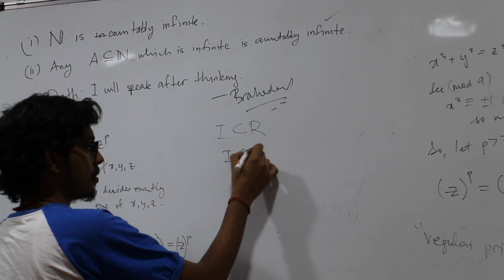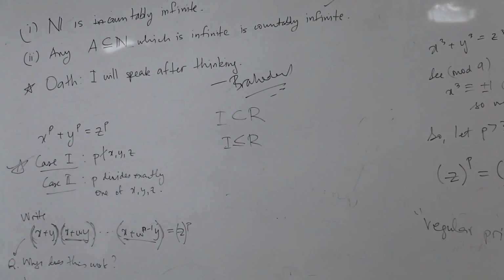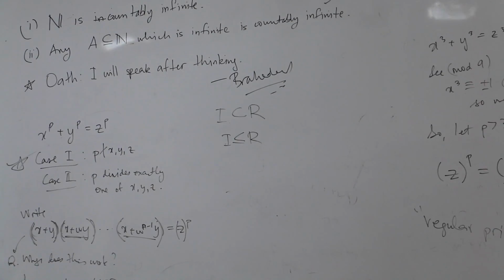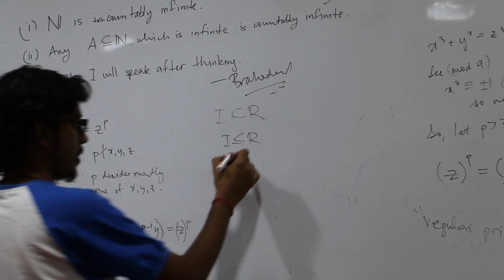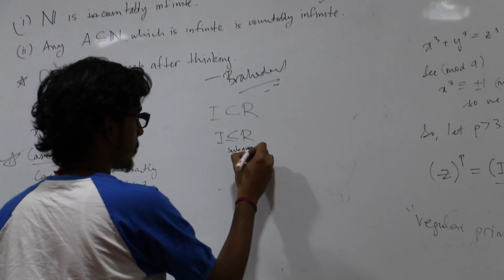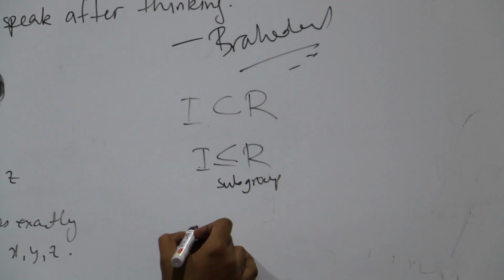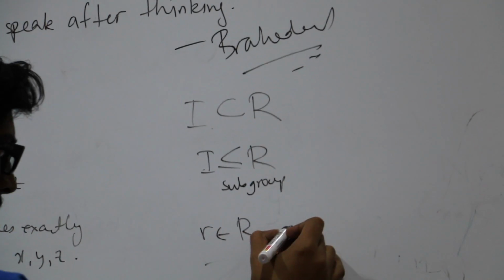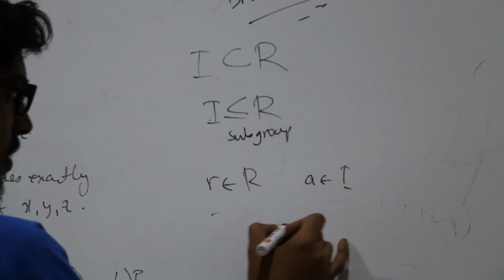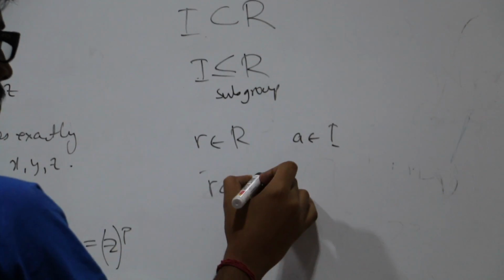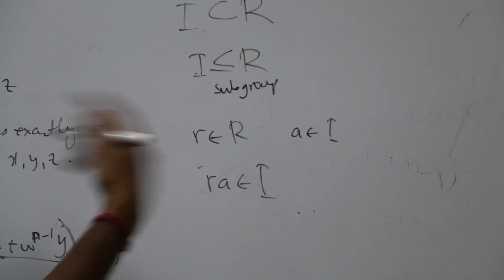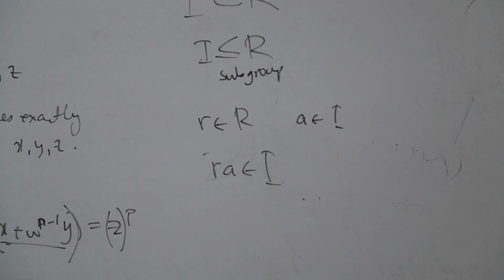I is a subgroup, again, subgroup meaning it's closed under addition and taking additive inverses. And if you take any r in R and any a in I, then ra belongs to I. It's closed under multiplication by elements of R.